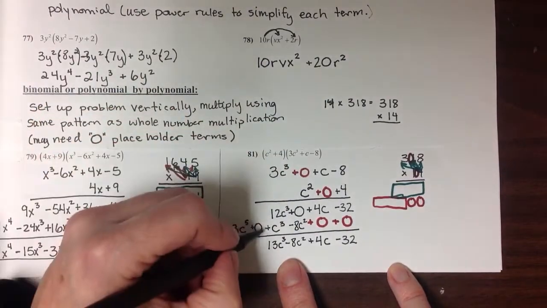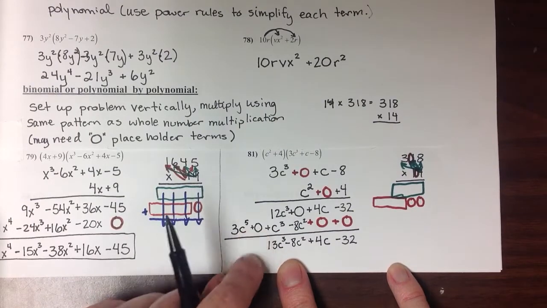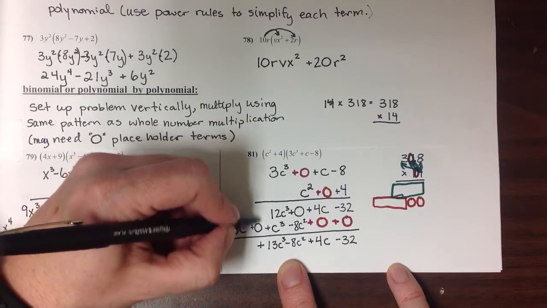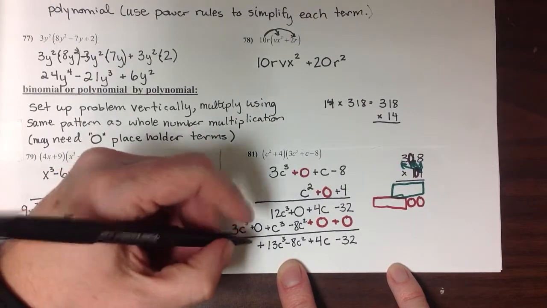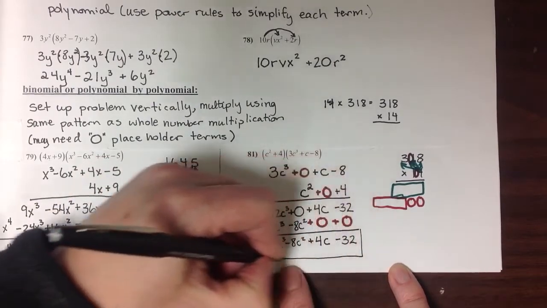And then this 0 term, since it is a 0 term, we don't have to include it in our polynomial. So since there weren't any c to the 4th terms, we'll skip over those and come right here to the c to the 5th.